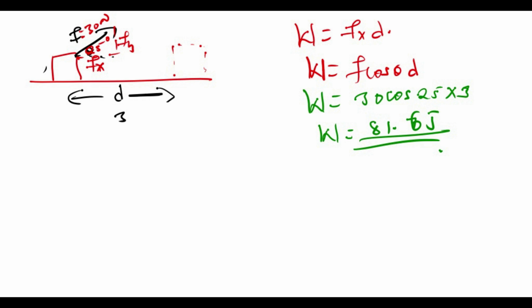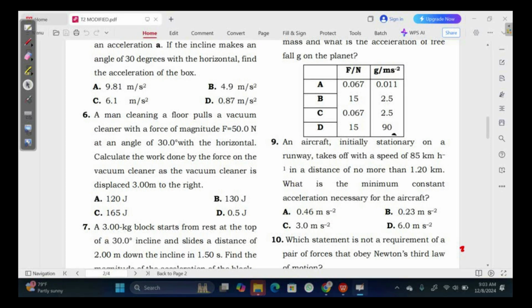What I've explained here is basically exactly this question. Now, you have a calculator, right? A man cleaning a floor pulls a vacuum cleaner with a force of magnitude 50 newtons at an angle of 30 degrees with the horizontal. Calculate the work done by the force as the vacuum cleaner is displaced 3 meters to the right.